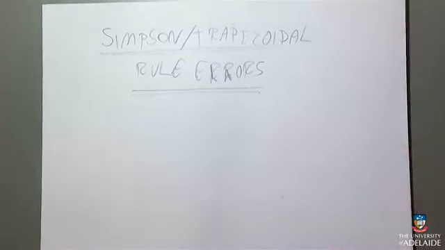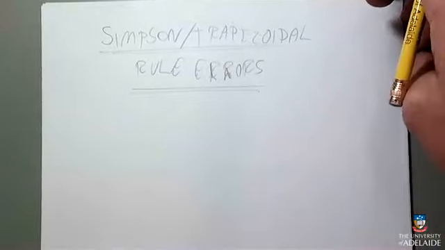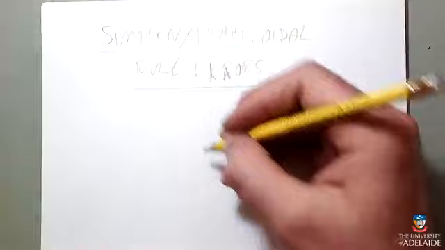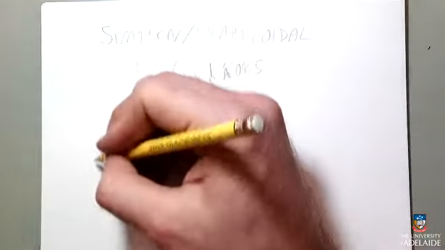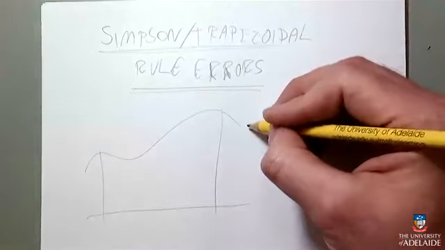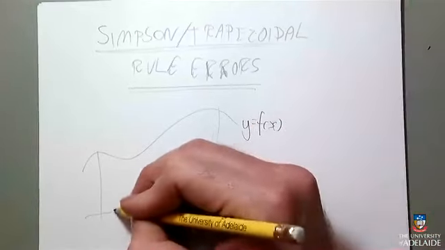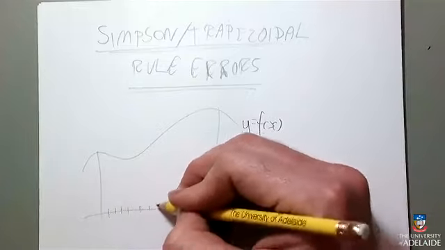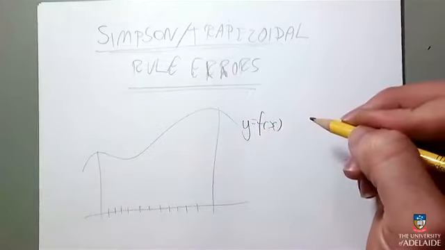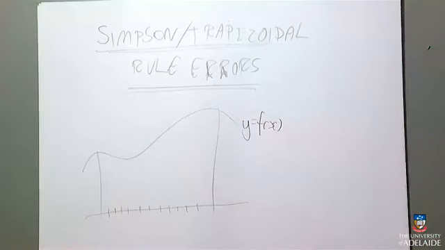So the best thing I can tell you is how to interpret them. What we've got is some sort of function, and we've divided it up into n subintervals, just like we do for upper and lower sums. But this time we have a specific number of subintervals.